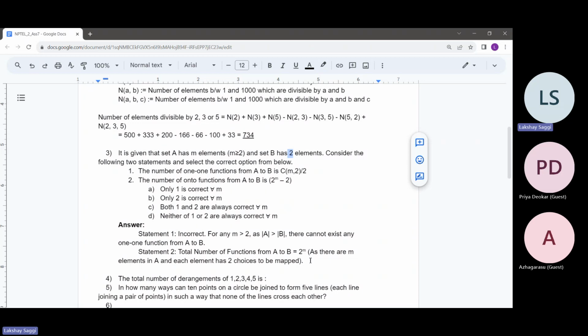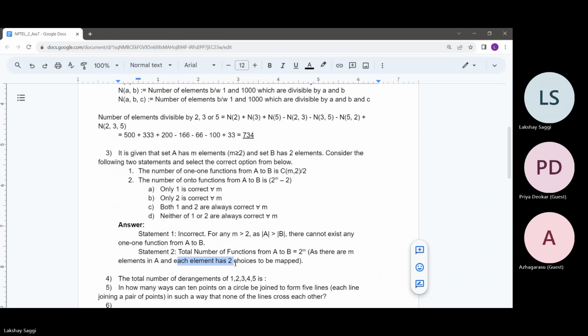But let's say there was one function among the 2 raised to the power m functions which maps every element to only the first element of set B. Each element has two choices to be mapped. Let's say the two elements of B are element 1 and element 2. So every element of A will be mapped to either 1 or 2.